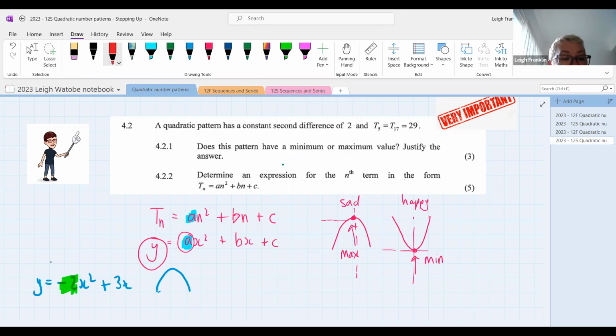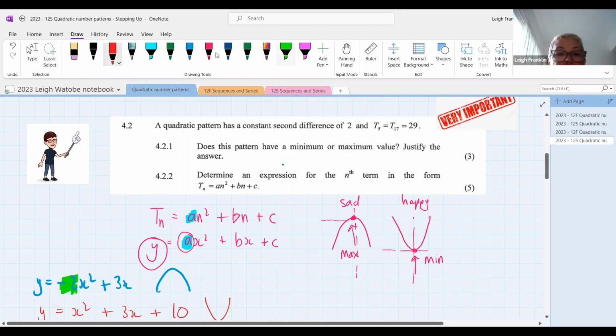If I have a parabola and it is y equals x squared plus 3x plus 10, it is going to be a happy face parabola because in front of the x squared, the invisible number that's sitting there is a positive 1. So it is the value of A that affects the shape of the pattern.